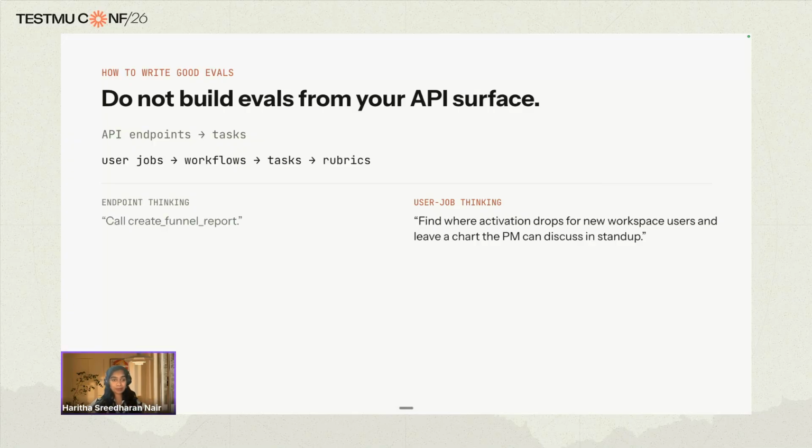We saw this with MCPs, where when MCP came out, everybody took their entire API surface and packaged it into MCP tools. The problem with this is that the API endpoints are called weird names, like let's say get user or get customer.